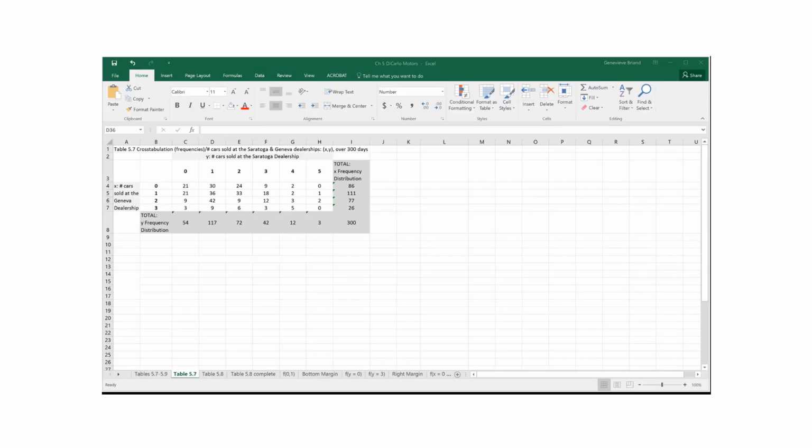This is table 5.7 from our text. It shows the number of cars sold at the Geneva and Saratoga dealerships over 300 days.